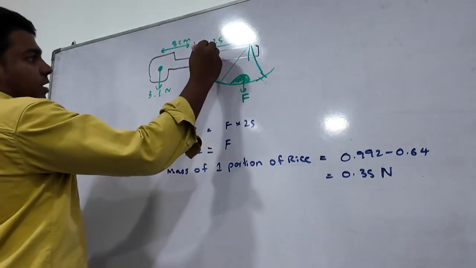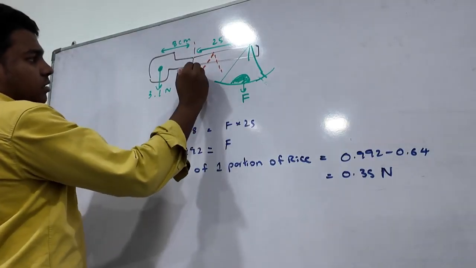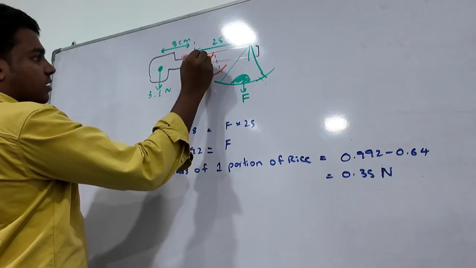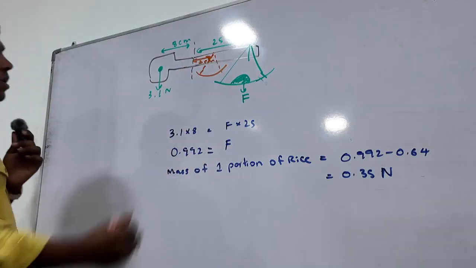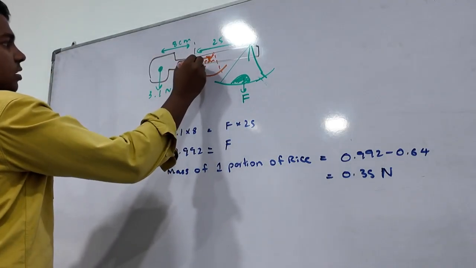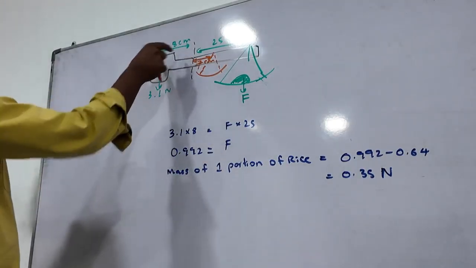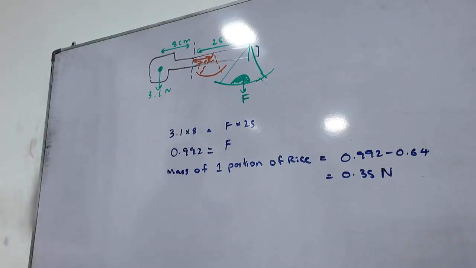They have moved it from here to here. So this is actually 7 cm. This is 8 centimeters. This is kept as it was. We can't change the center of gravity anyway. The dish was moved towards the center of gravity.